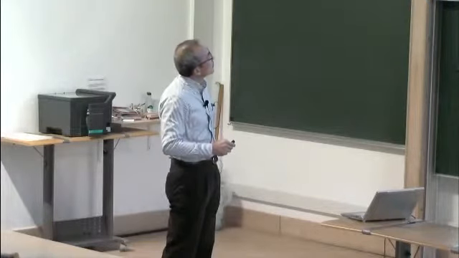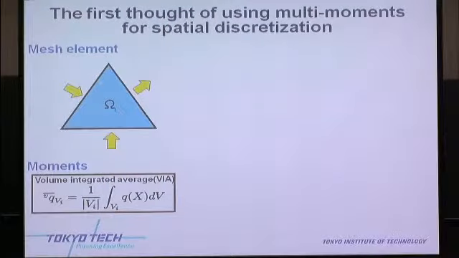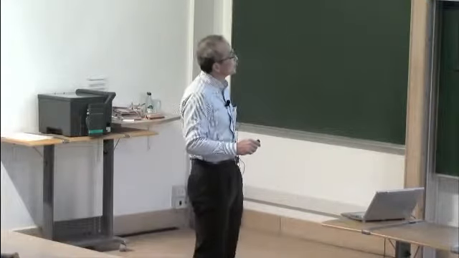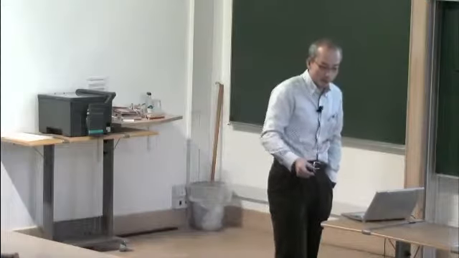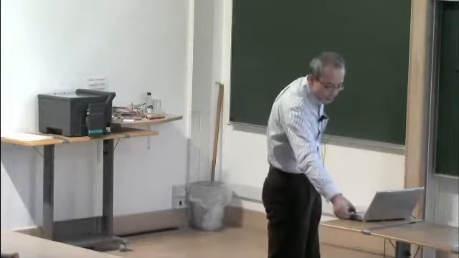In this method, in order to calculate the numerical flux across this boundary, we need to find some formulation based only on this volume average. You have many ways to do that, but the only discretized quantity is a volume integrated average.